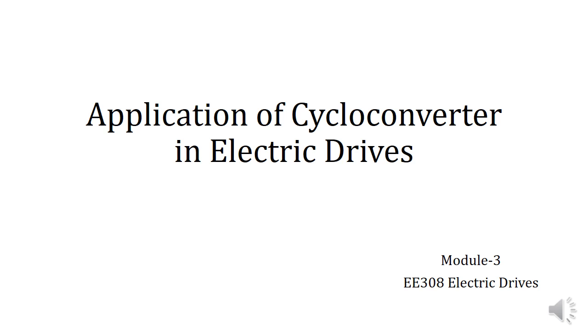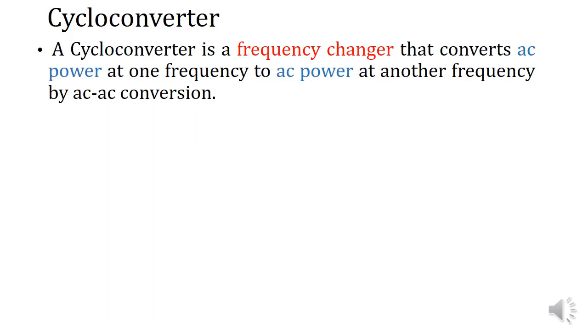In this lecture, we will discuss the application of cycloconverters in electric drives. This comes under Module 3. First of all, let's see what a cycloconverter is. It is a converter which is capable of varying the frequency.